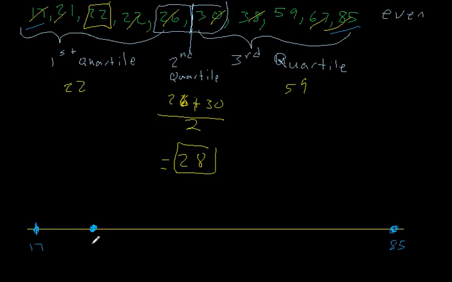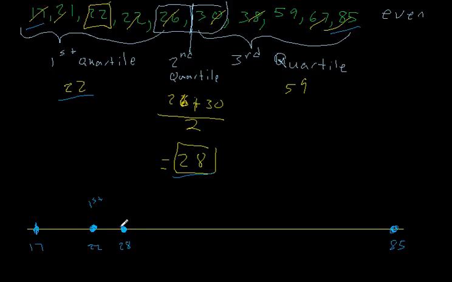The next plot that you're going to do is the second. This was the first quartile. Now you want the second quartile. So you've got 22 done. Now we're going to do 28. And 28 comes pretty close to 22, so we're going to put that plot down closer to 22. And the next value is 59.